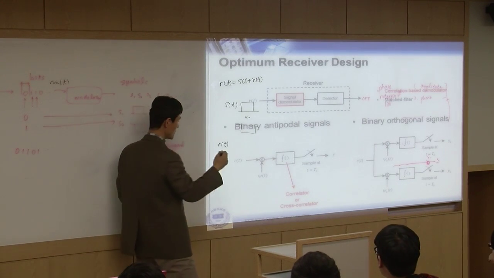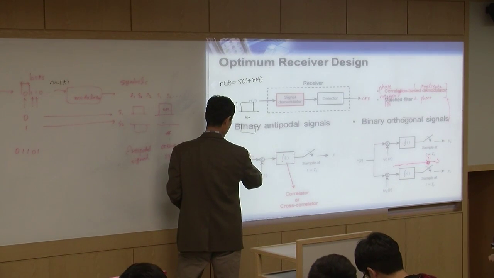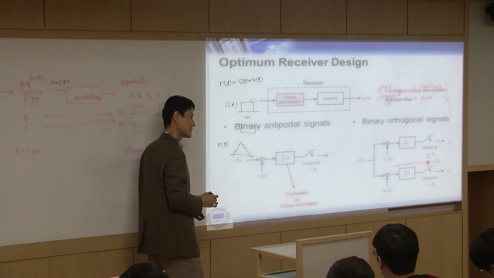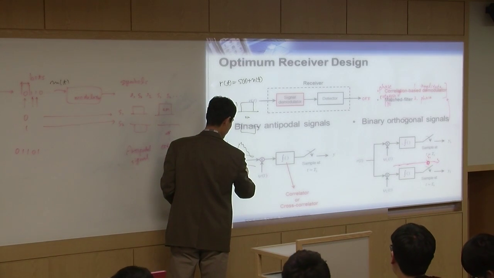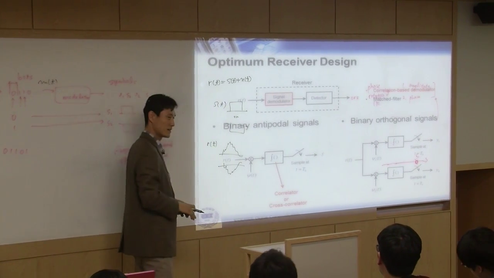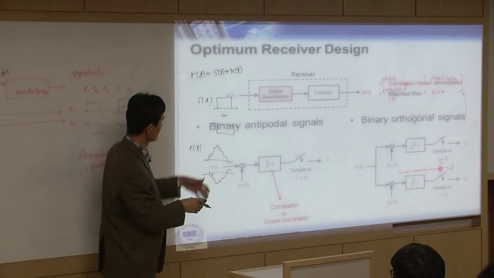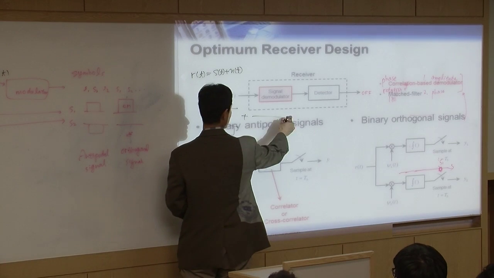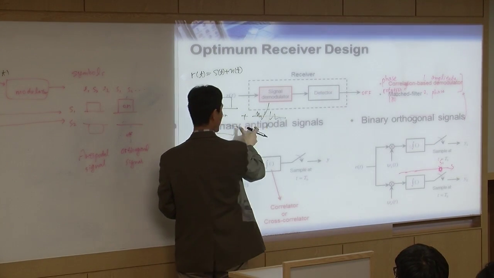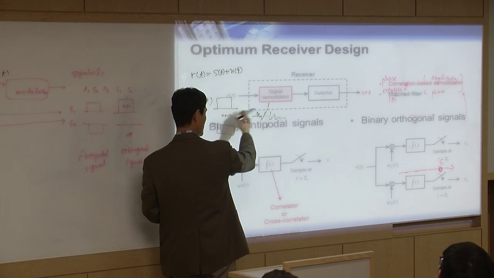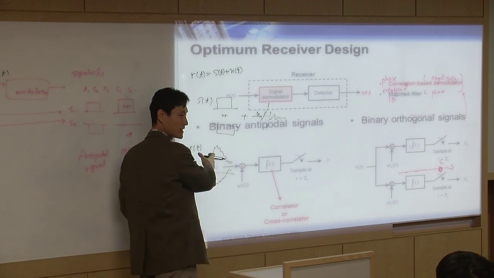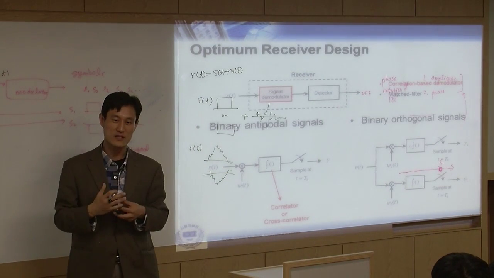RT looks like something like this, or maybe something like that. Why? Because it is ST plus some kind of noise. Let's add these two, then you're going to get something like that, right? So that's what you're going to receive.